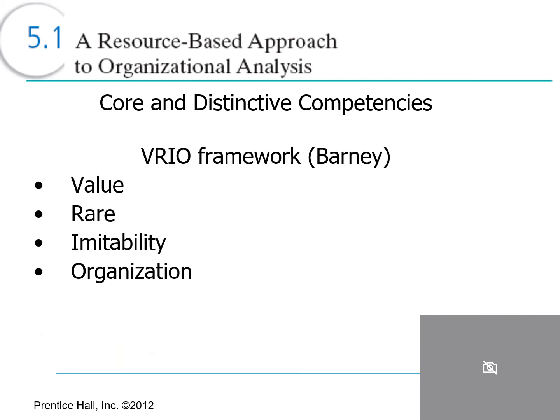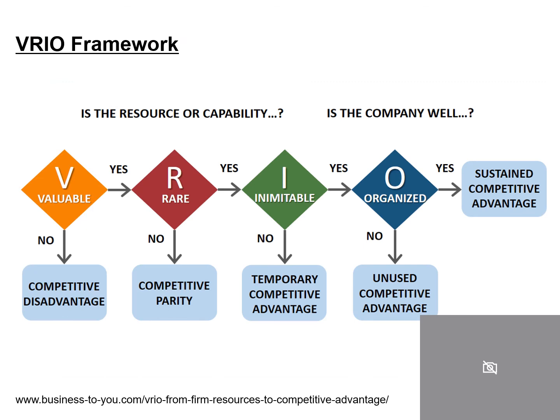Okay, and then here is the important framework when you discuss the internal analysis, and that is the VRIO framework. So for each of the resources or capabilities of the company, you need to ask yourself: is the resource valuable? Is the resource rare? Is the resource very difficult to imitate?